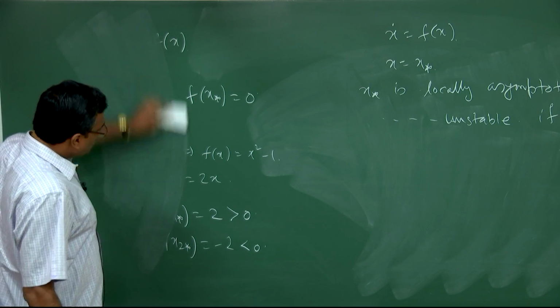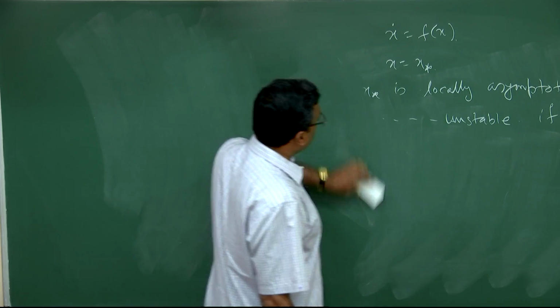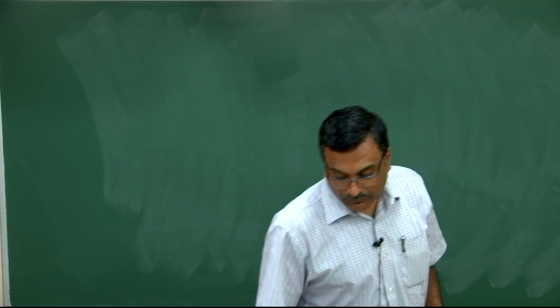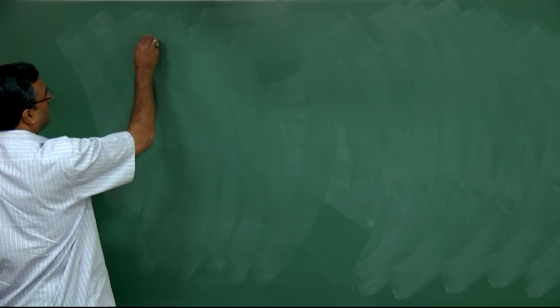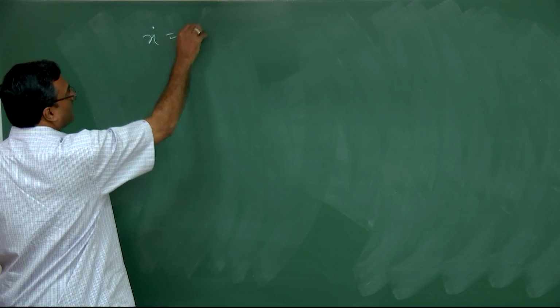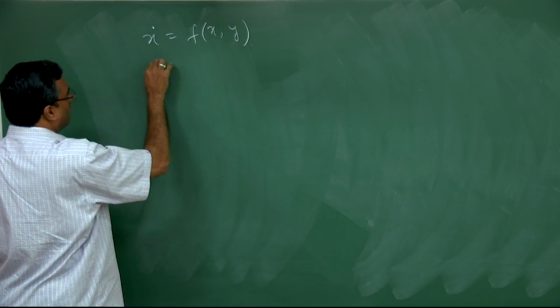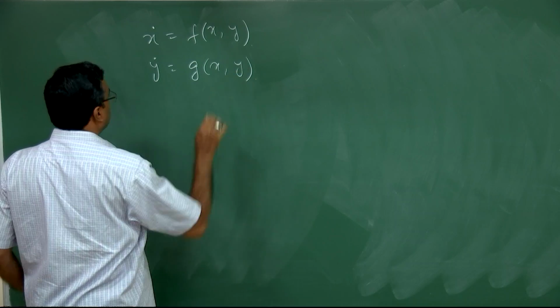Now the next question is, in the previous lecture we have learned something about the phase portrait and nature of solutions for a two variable system of linear equations. What is the utility of those kinds of solutions? The idea is that in a two variable nonlinear system you can consider the general format as x dot equal to f(x,y) and y dot equal to g(x,y).